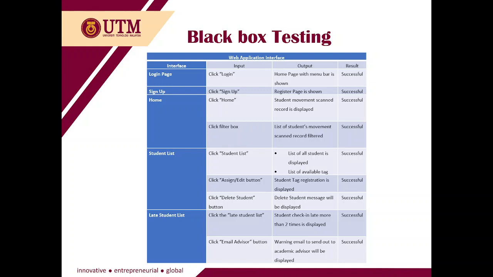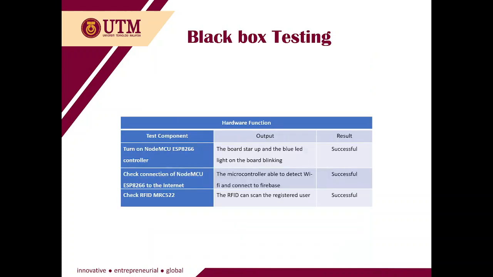All of the results were successful. For the hardware function, we need to turn on the NodeMCU, check the connection of the NodeMCU to the internet, and check the RFID card and scanner. All of the hardware functions have been tested and are successful.